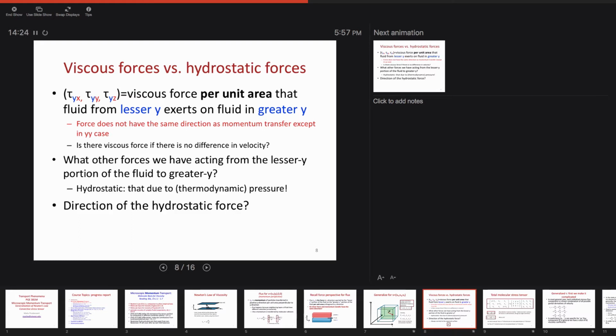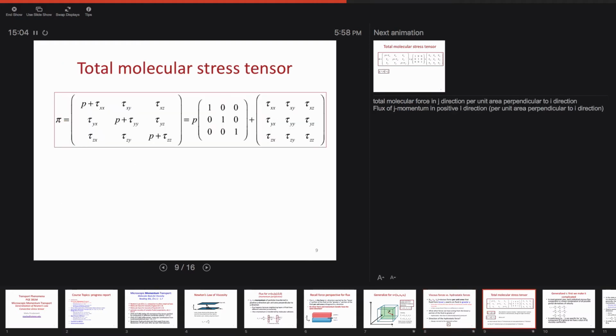So I do have to add those, and again, I'm going ahead of my slides. The direction of the hydrostatic force is always normal to the exposed surface. So I'm going to describe that action as P times delta y if I only have the y plane, P times delta x, and P times delta z. And since I'm assuming an isotropic situation, there's no reason for me to think that thermodynamic pressure would work differently in different directions. Until there is a reason to think that, I'm not going to assume that there is.